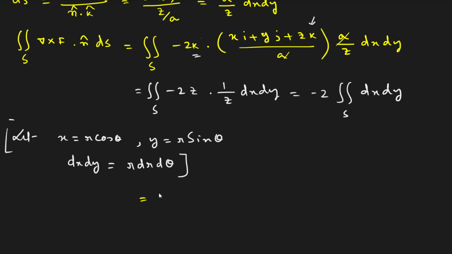So let us put this in this particular relation. Minus 2 will be outside. Now what is the limit of r and theta? Before writing the limit, just write one more line: double integration over s, minus 2 outside, in place of dx dy write r dr d theta. So minus 2 into r equals 0 to a, because the radius is a. You just look at the circle.